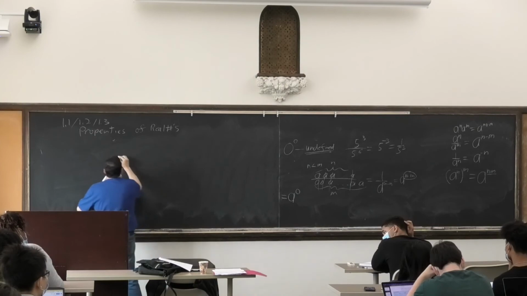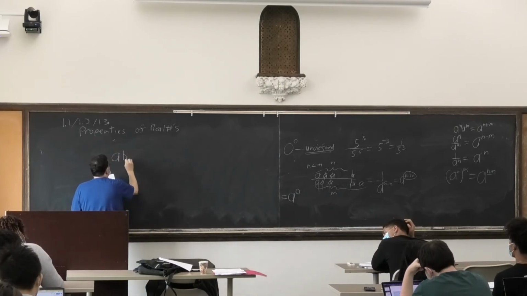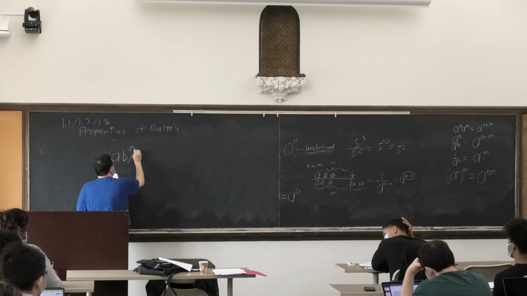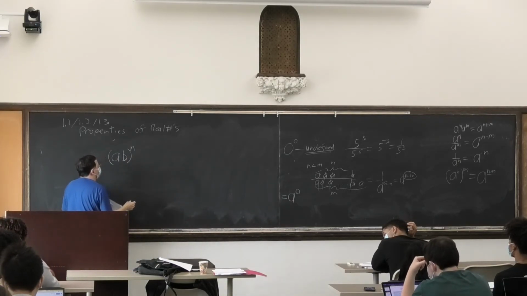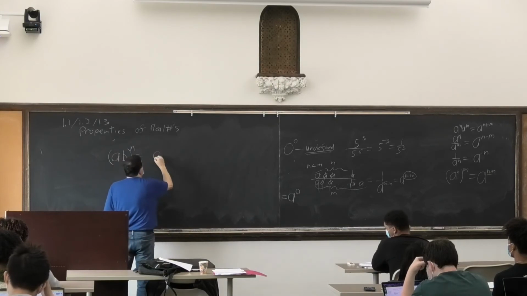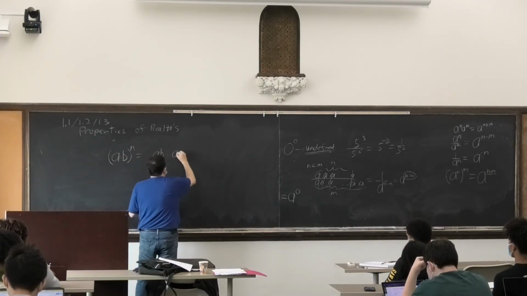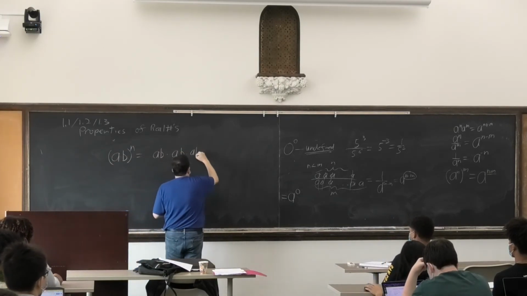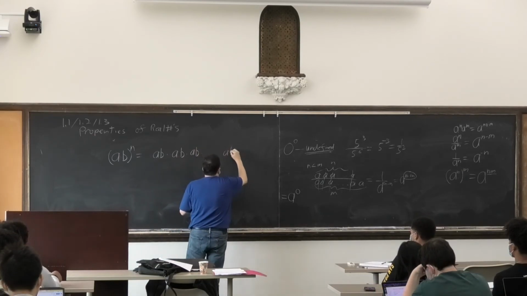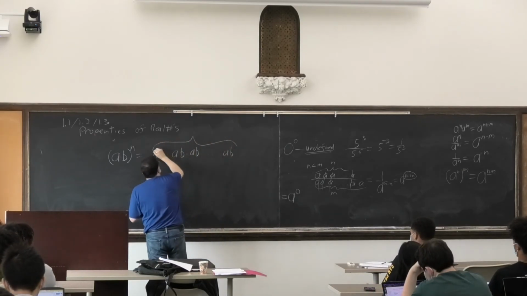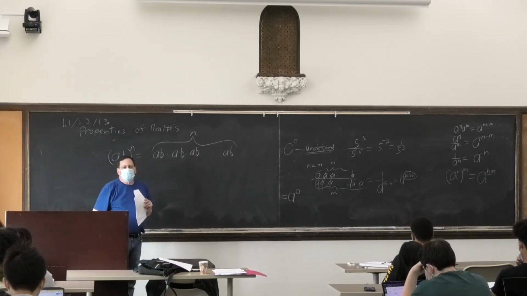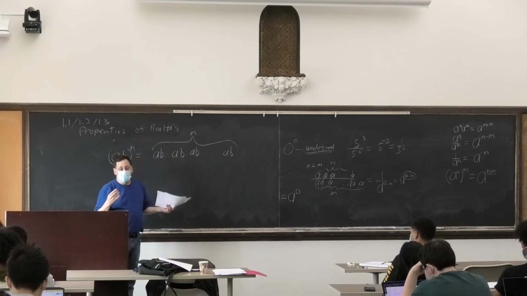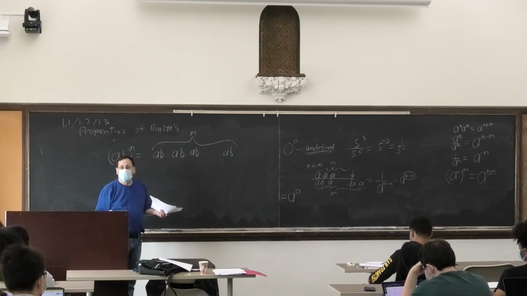Another important rule, if I have products raised to some power, this is AB times AB times AB, n times. But the commutative and associative properties let me rewrite this.